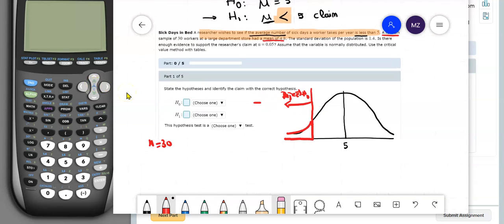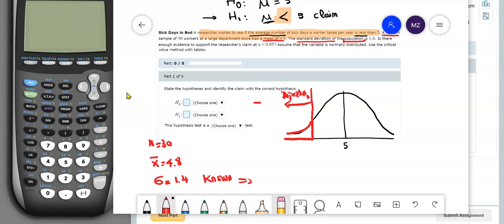They also gave you the standard deviation, but the important word is this one, population. Population means they are giving you the sigma. The sigma is going to be 1.4. So sigma is known.